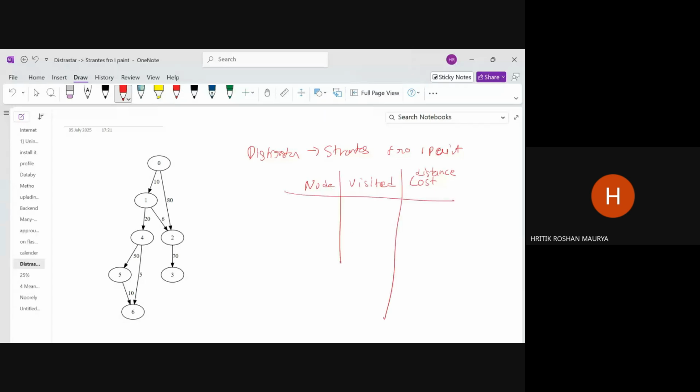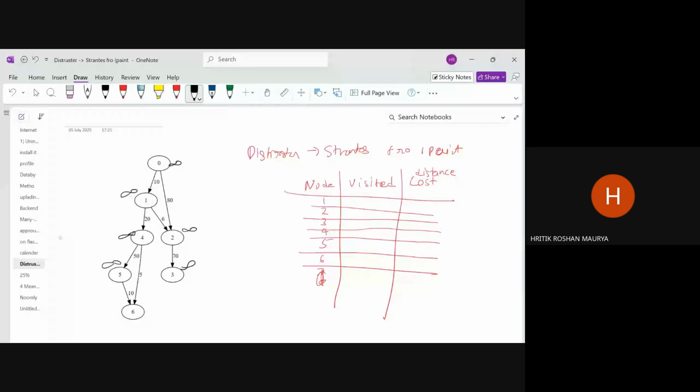Initially, it says everything is unreachable from me. Every node is unreachable, and I have not reached any of them. So everything is marked as not visited.